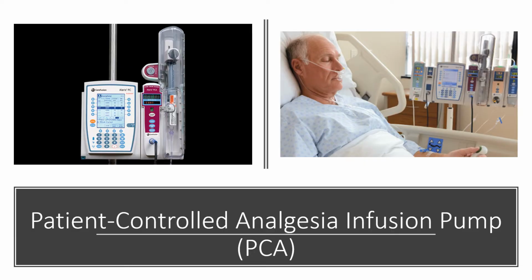Okay, so patient-controlled analgesic infusion pumps, so a PCA pump, often used post-surgical, can be used in palliative care settings where someone's on an ongoing dose of opioids, such as morphine, and they also have the option to press a button to have extra doses infused for pain control.